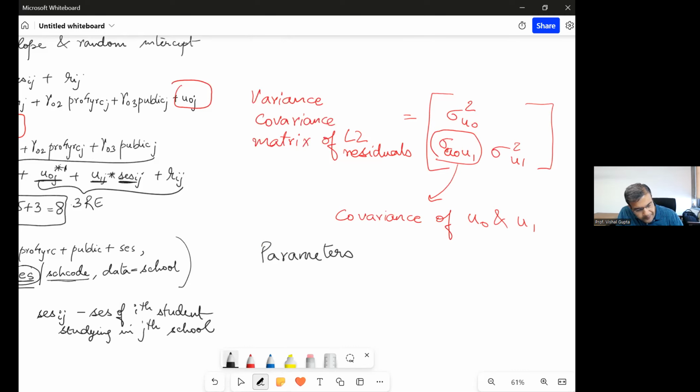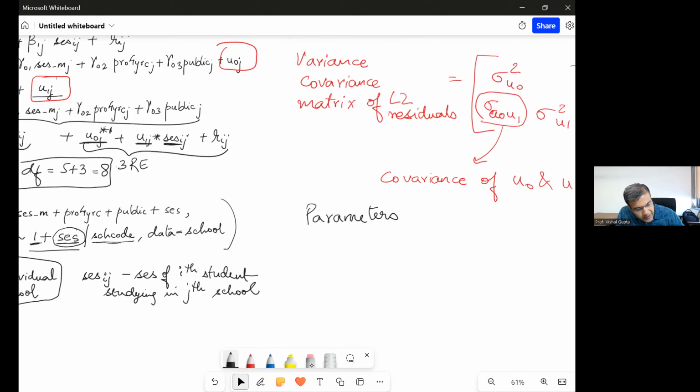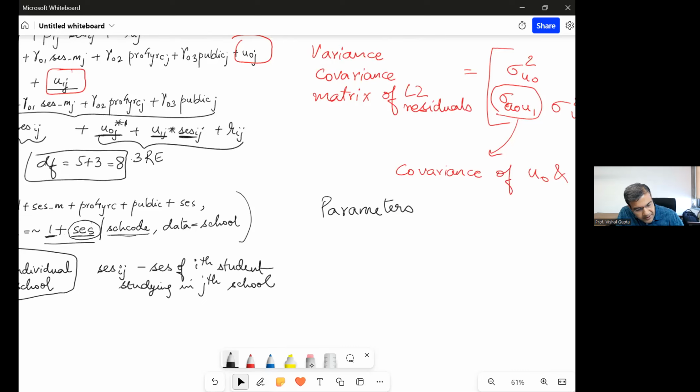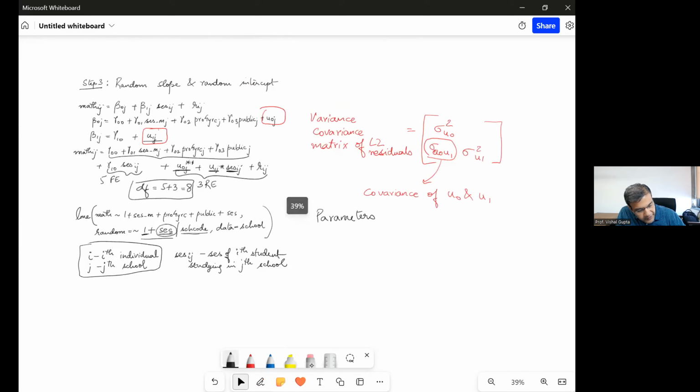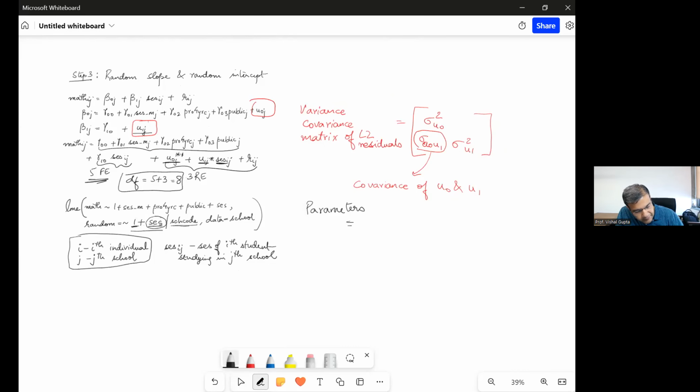That is why you now see what the parameters are in this model. Here we had said the parameters are 5 fixed effects plus 3 random effects. So we got sigma square u0, sigma square u1, and sigma square r.